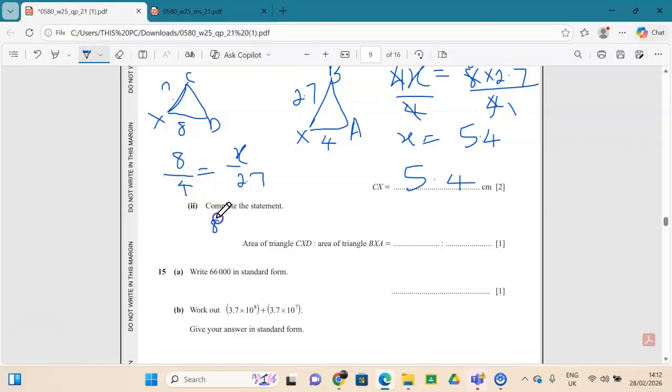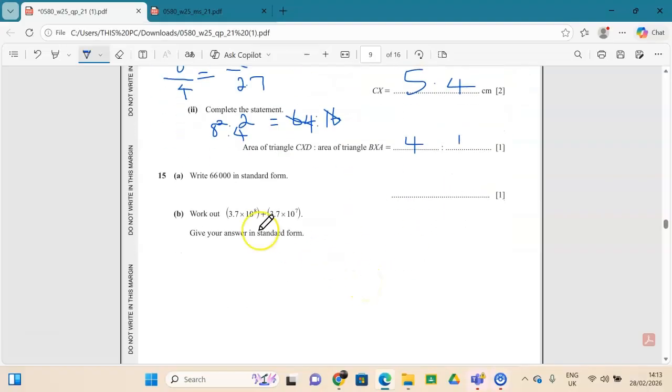So I'm going to have 8 squared ratio the dimension of this other side, which is 4 squared. So the square of 8 is 64 ratio 16. If we reduce it to the simplest form, 16 into here will give us 4, and 16 here will give us 1. 4 to 1.